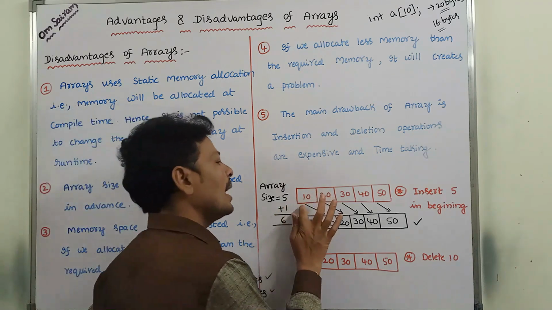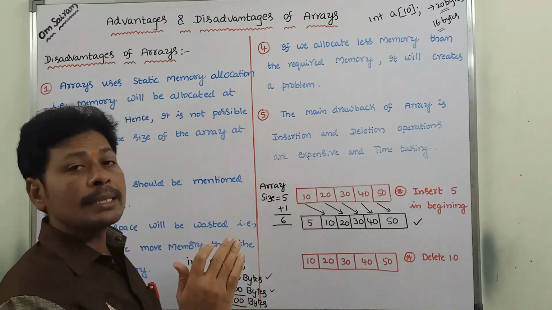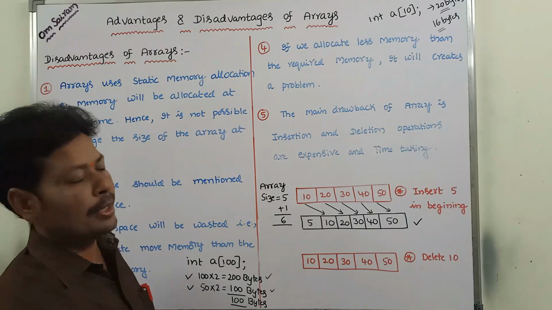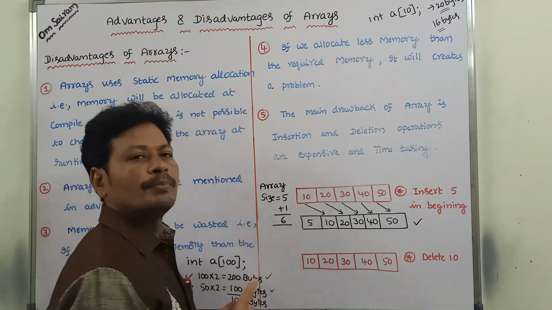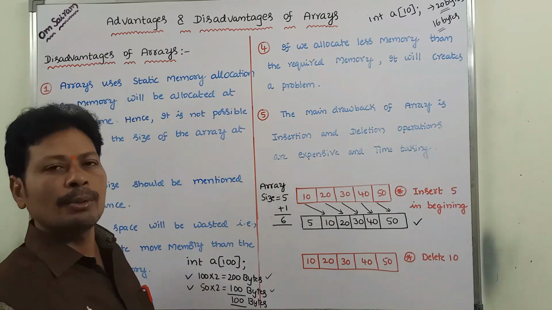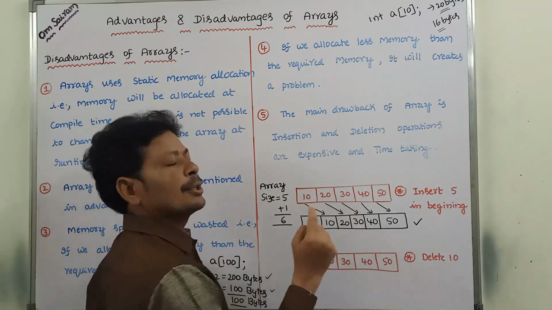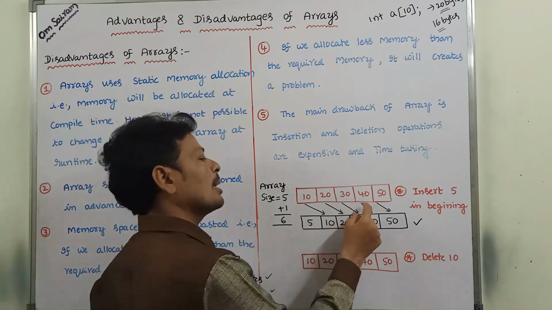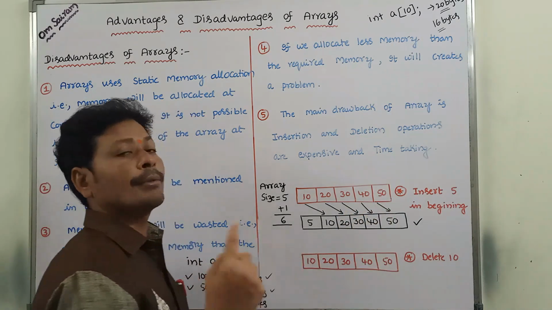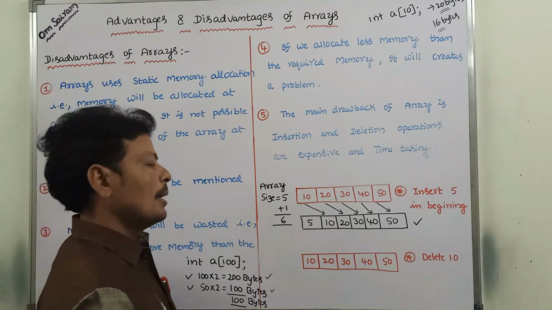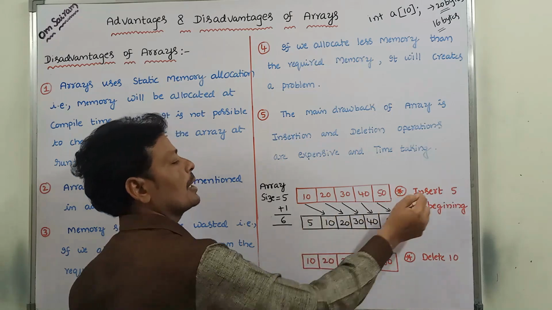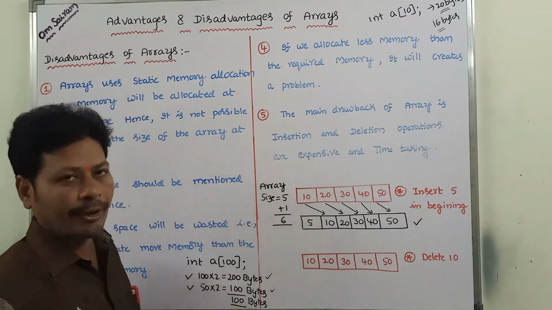So 5 elements are there. 10 can be shifted right by one position. 20 can be shifted right by one position. 30 can be shifted towards right by one position. 40 can be shifted towards right by one position. 50 can be shifted towards right by one position. Now this place is vacant. In this place we have to insert element 5.